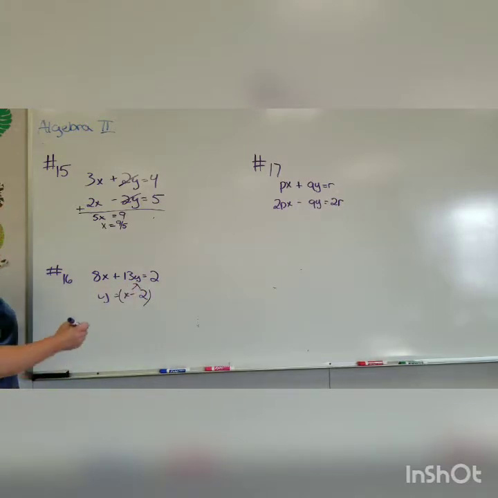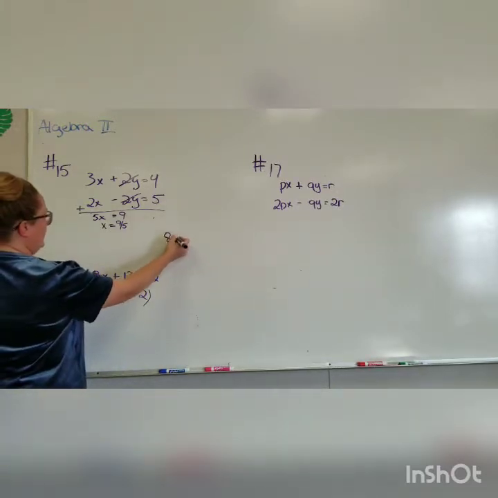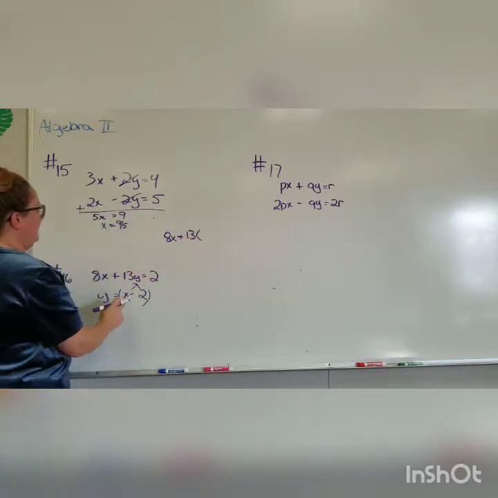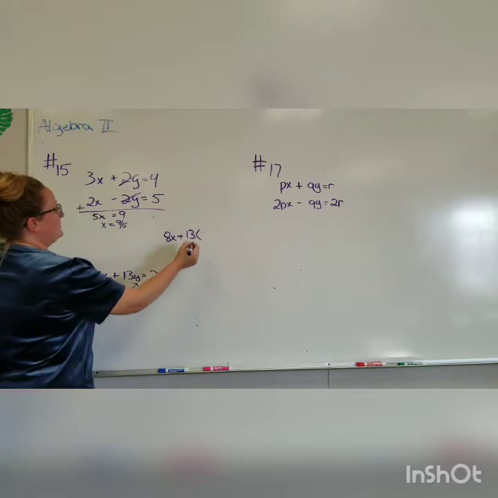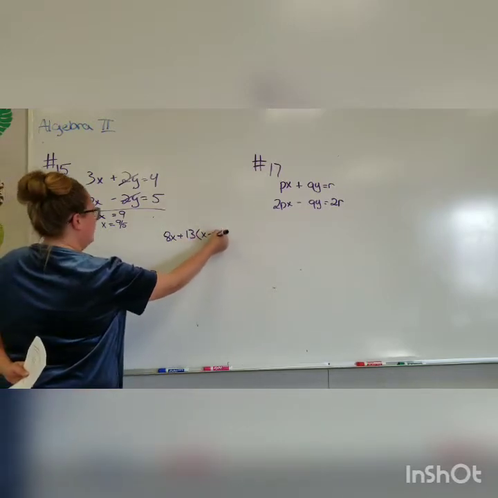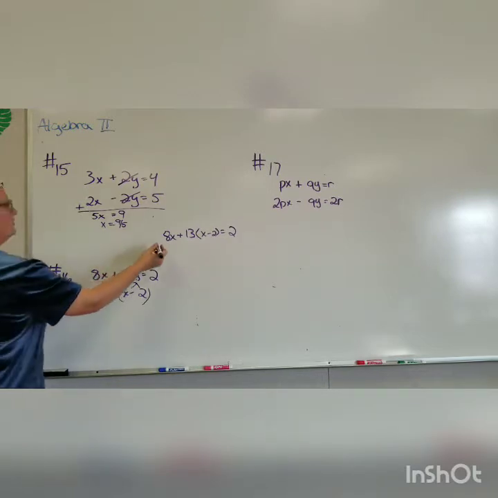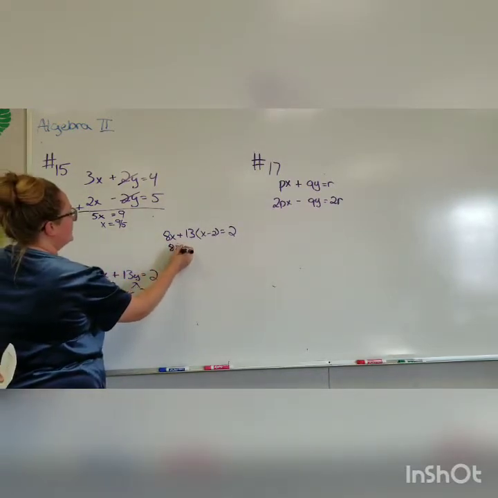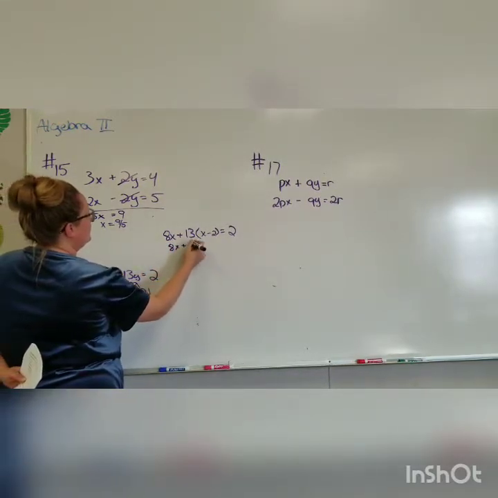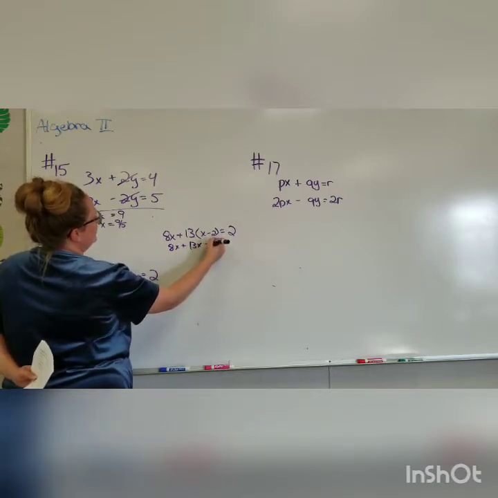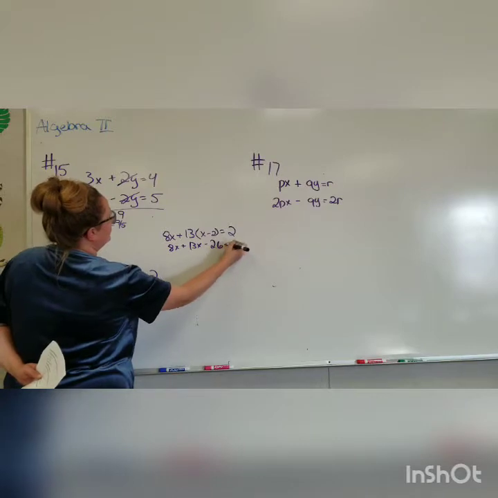All right? So in this equation, we're going to go 8x plus 13 times y, which we know y equals x minus 2, equals 2. All right, so do your distributive property. 8x plus 13x minus 13 times 2, negative 2, is 26, equals 2.